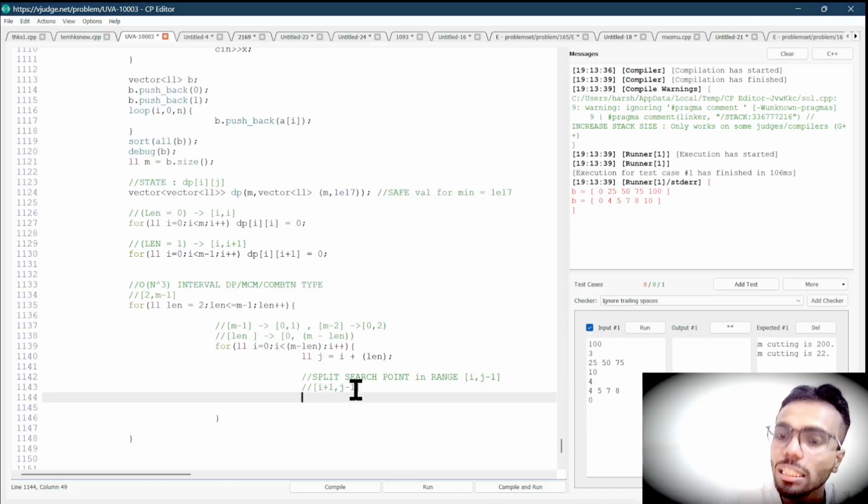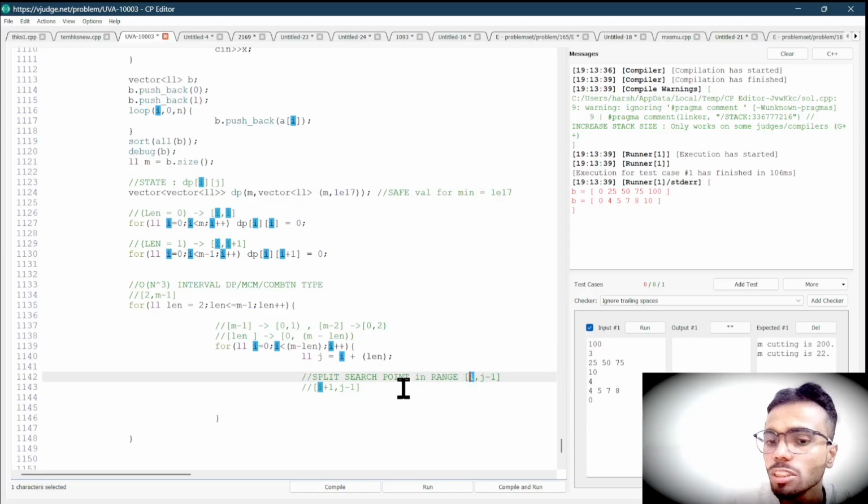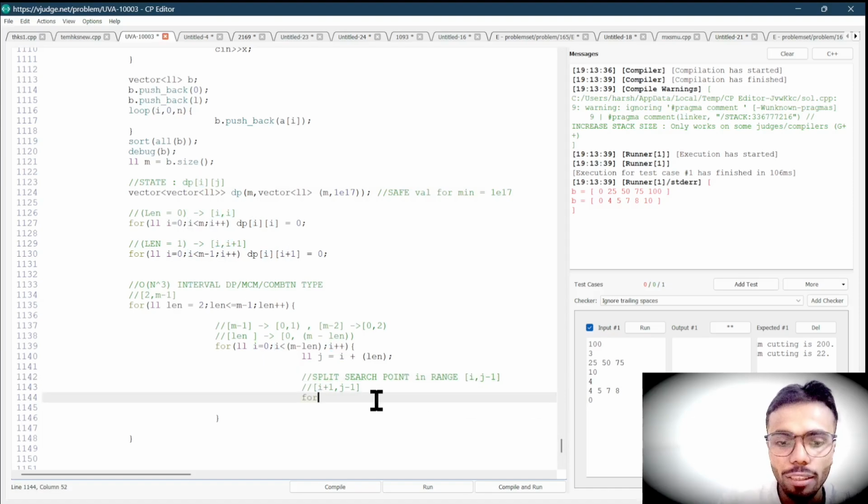It cannot be the last one, because you want to divide the stick in two parts. If you choose this i, you cannot divide the stick in two parts; it will be the same stick only. That could not be chosen as a split search point. So we iterate over all split search points in the range i plus 1 to j minus 1.